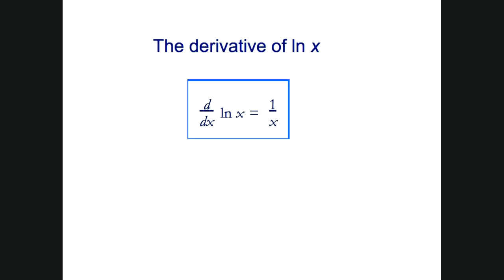All right, the derivative of natural log of x is 1 over x. That is it. That's the whole derivative. All right, now this uses a chain rule. So do you guys remember what this would be?